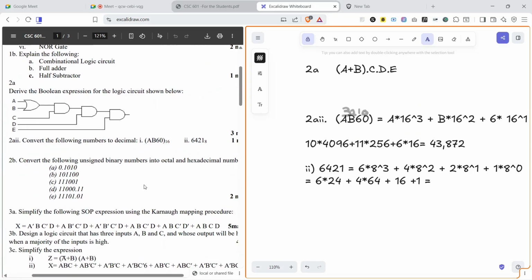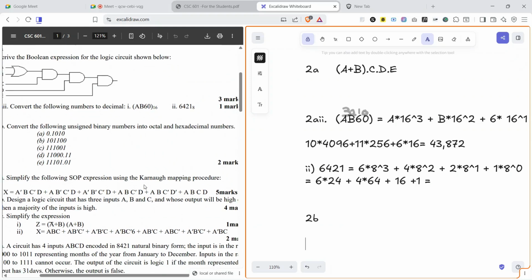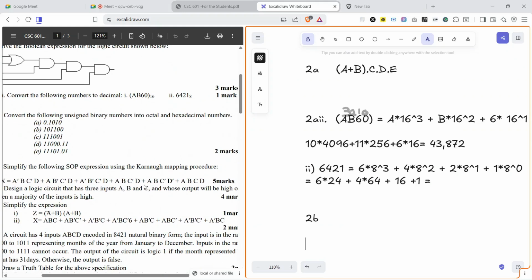So this part for 2B, we are told to convert the unsigned binary into octal and hexadecimal. So the A part is 0.1010.